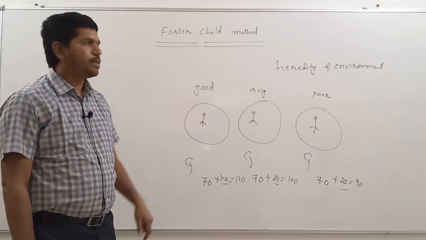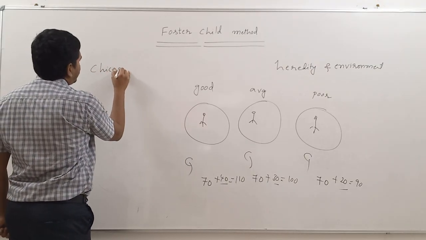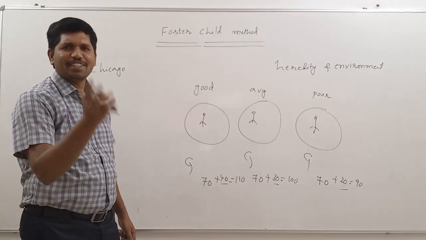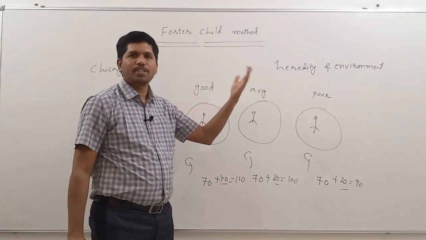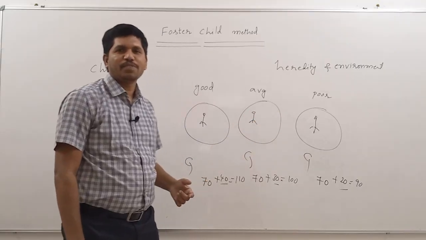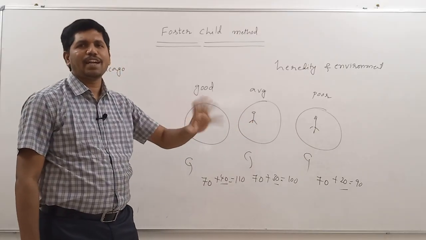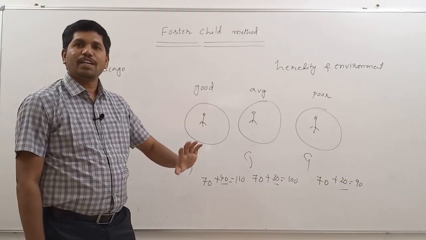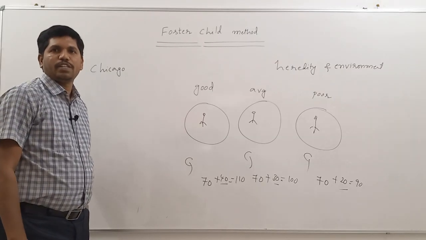This drawback was minimized in the Chicago study. In Chicago University, they conducted one study. In that study, somehow they convinced the parents and they placed children of some rich families in poor homes, children of some poor families in average homes. Like this, randomly they placed. That's why that selective placement was minimized in the Chicago study.